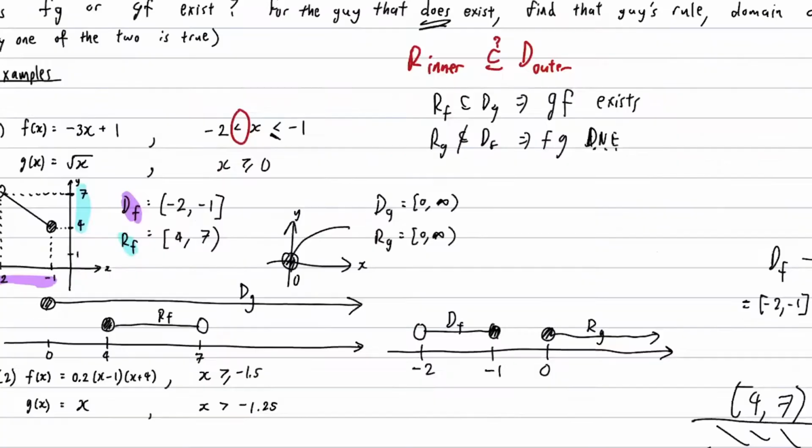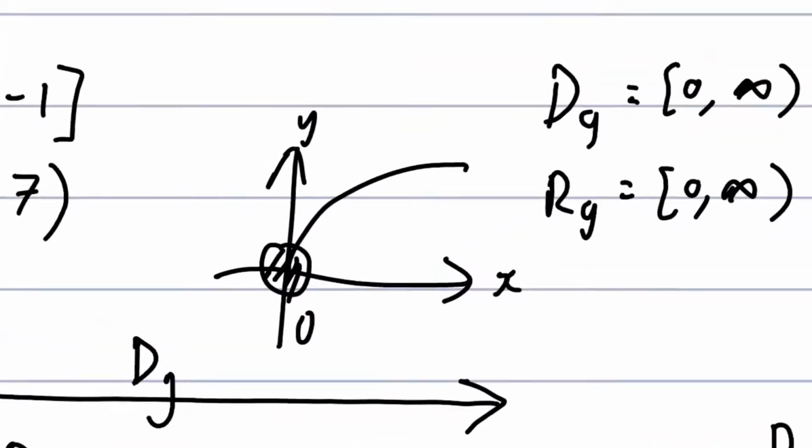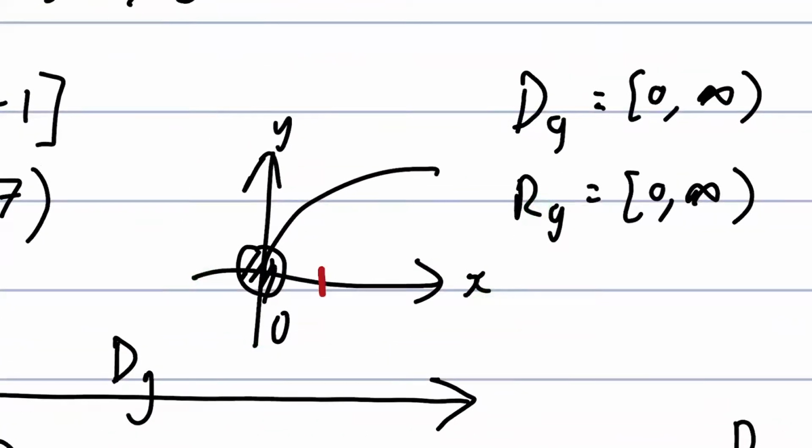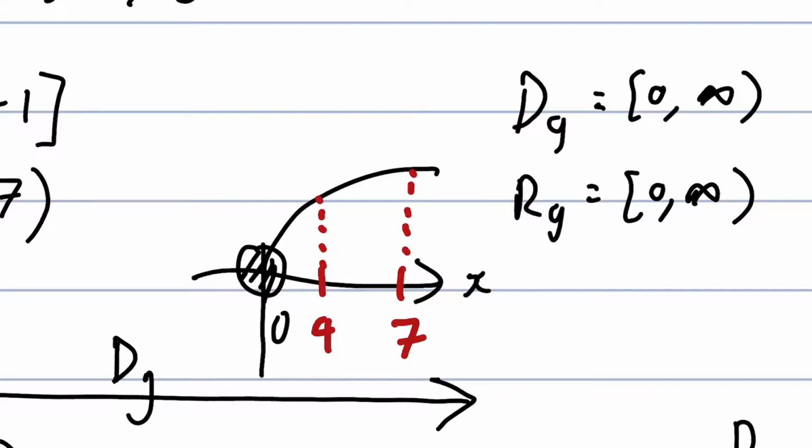Then we can now look at our graph of G. This is G. Then we think 4 here, 7 there. What's the corresponding range? Maybe if I just make my y-axis a bit longer so it's nicer, I will get the value of y when x equals to 4, and when x equals to 7.